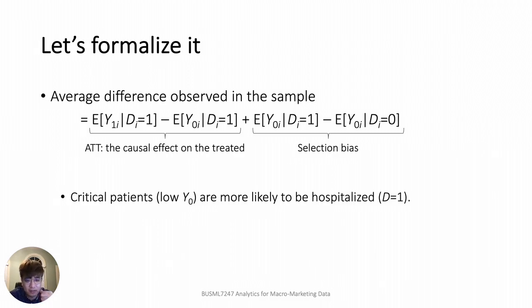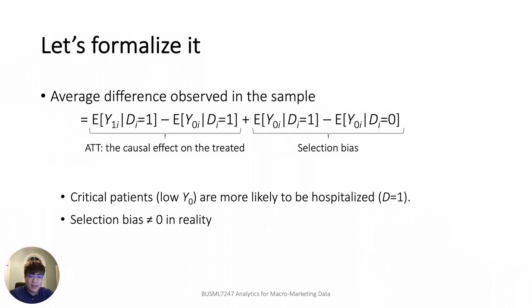This bias distinguishes the average difference observed in data from the ATT, the theoretical causal effect, and comes from the non-random selection of patients to be hospitalized. And that's why the last two terms are called selection bias. In reality, the selection is non-random, leading to a non-zero selection bias.